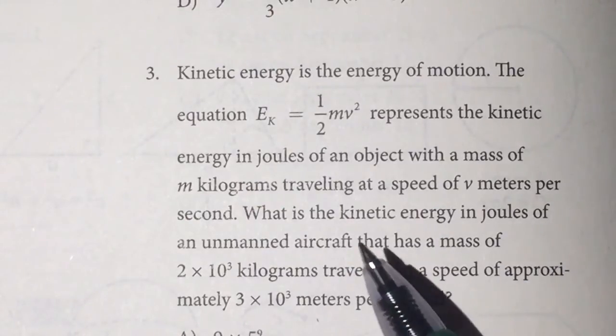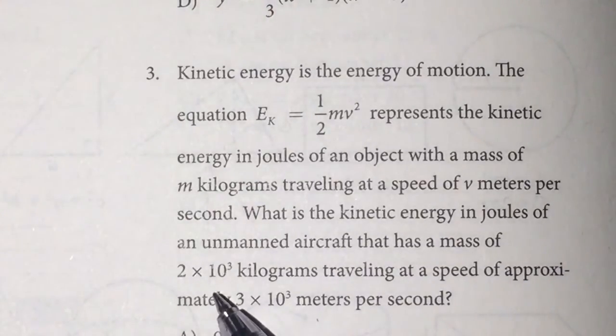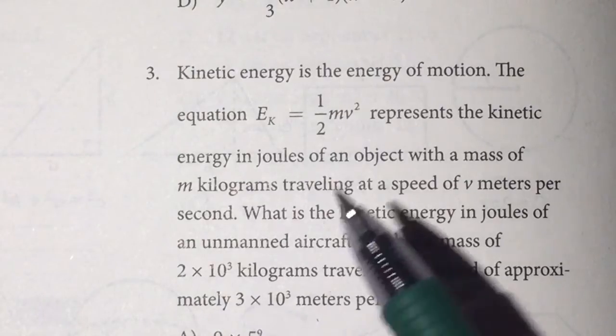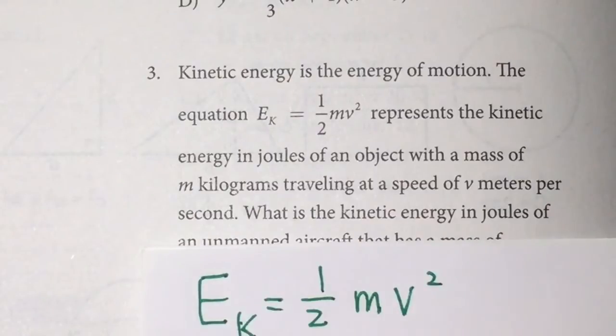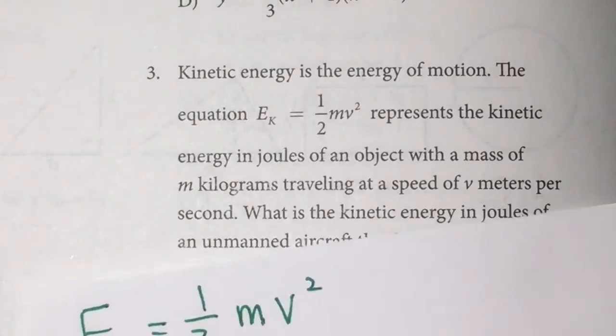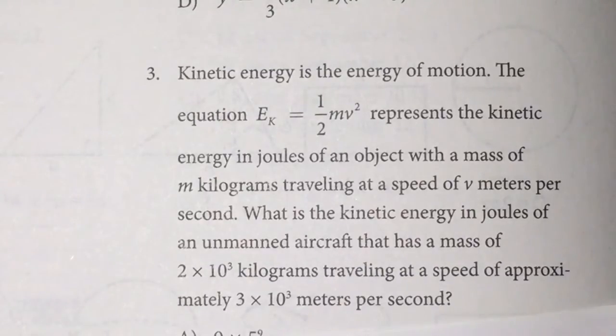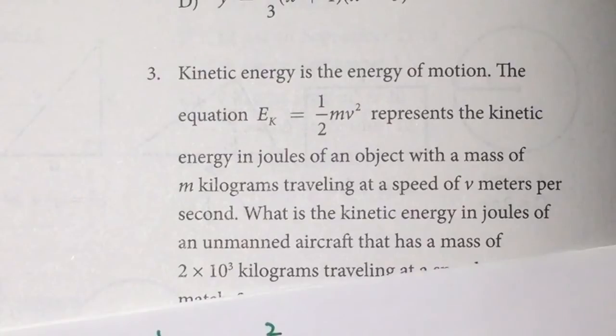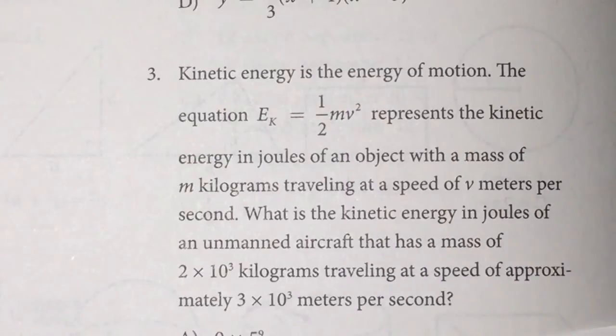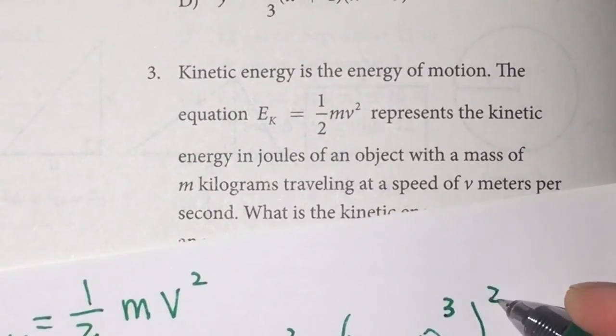M, the mass, in kilograms, yes, it is in kilograms, times 2 times 10 cubed, at the speed of 3 times 10 cubed, and this one needs to be squared.